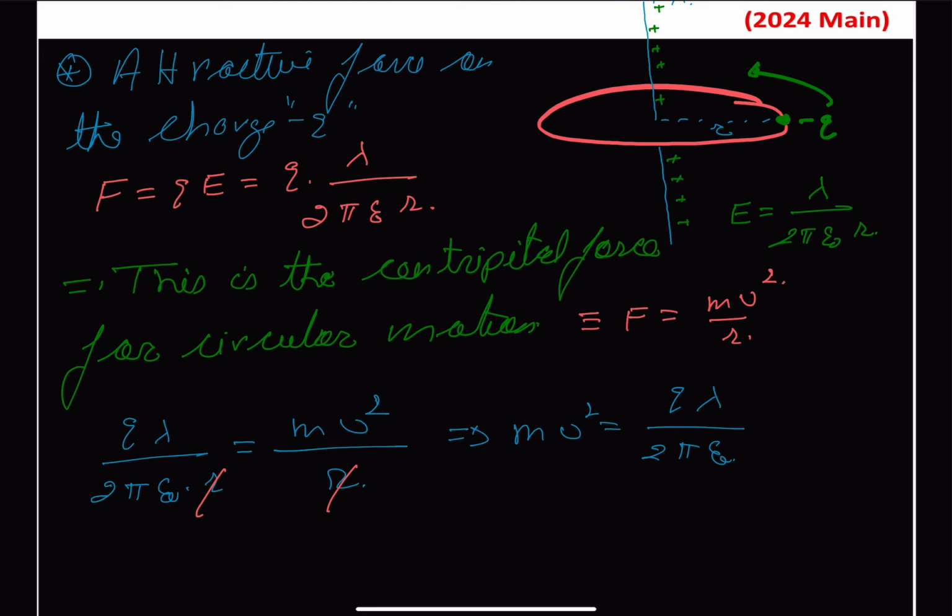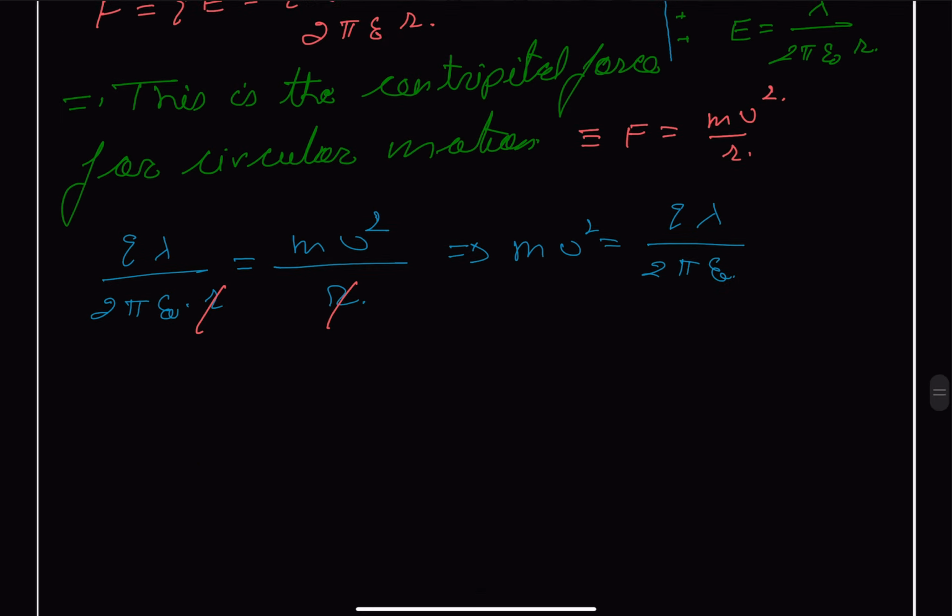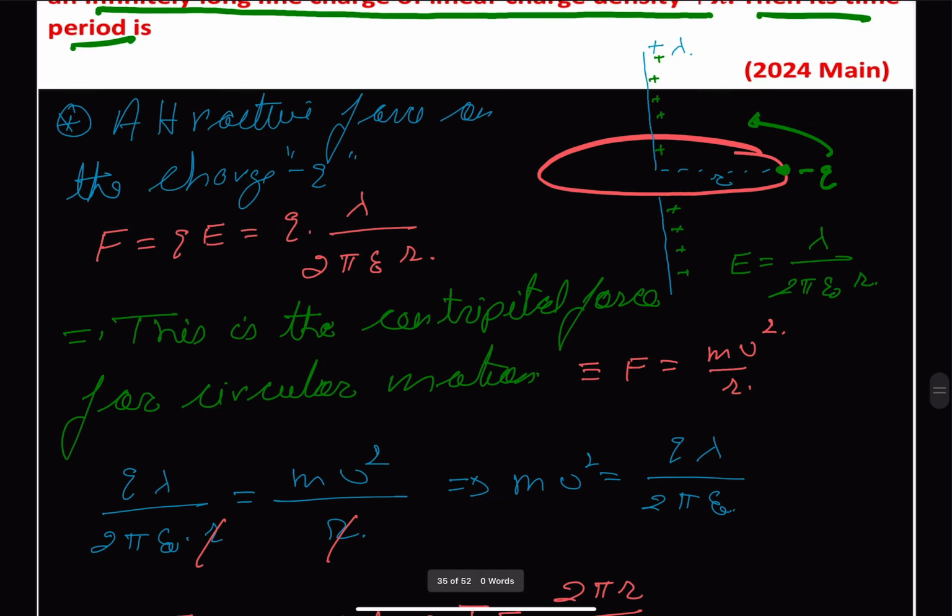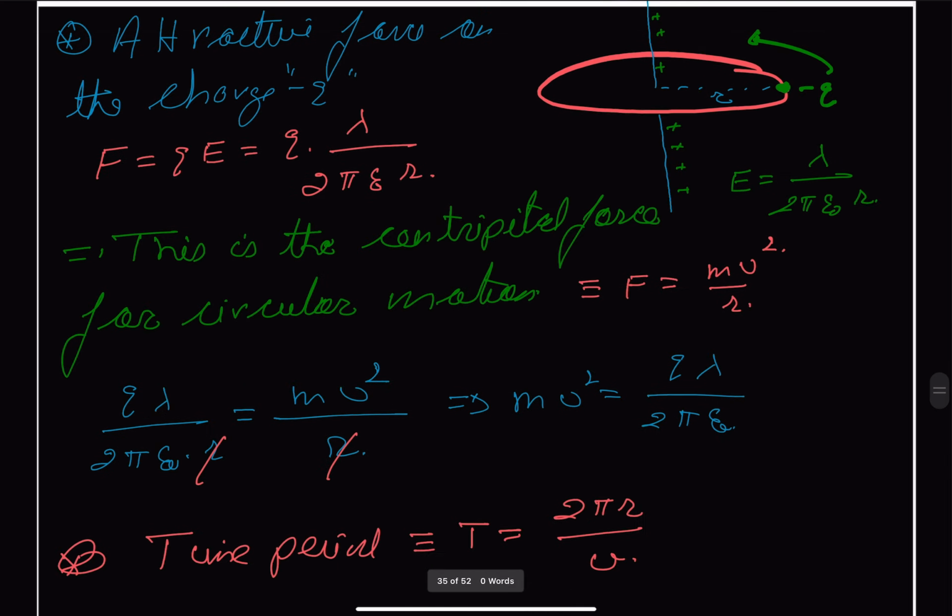We need to find out the time period, so you can say time period is given as capital T, which will be equal to 2 pi r divided by velocity v. And we need to find out the time period.